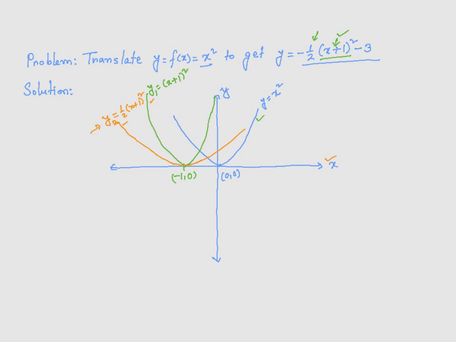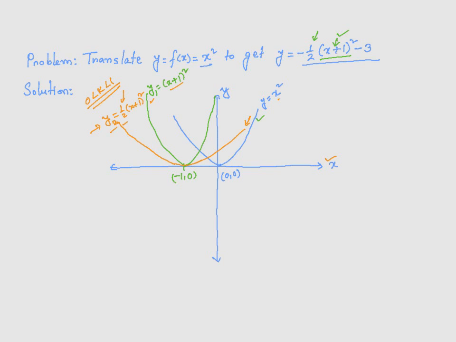Once again, let me remind you, multiplying the function by a number k between 0 and 1 is going to flatten the graph. That means it's going to stretch it horizontally, so it looks wider. The effect of this multiplication is that the function goes up slower. If the function goes up vertically slower, obviously it's going to look flatter, like it does here.